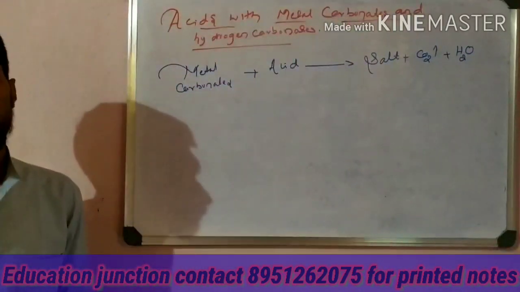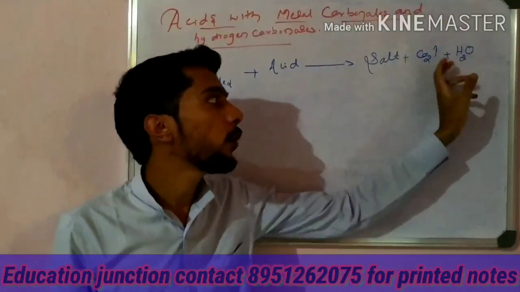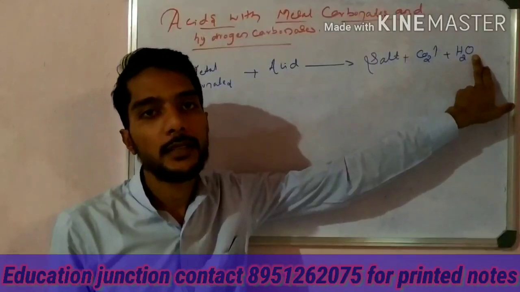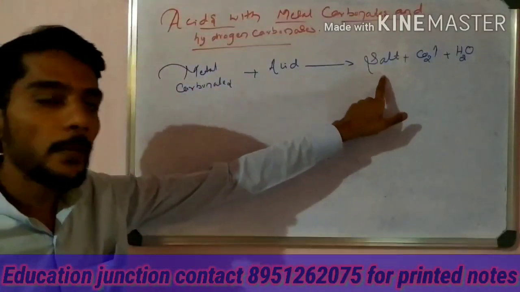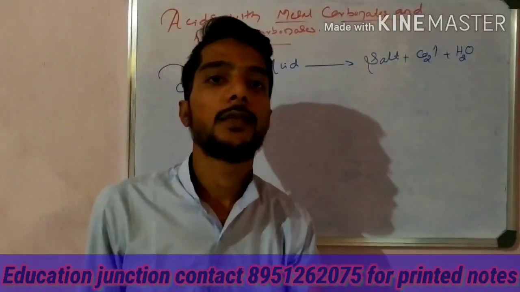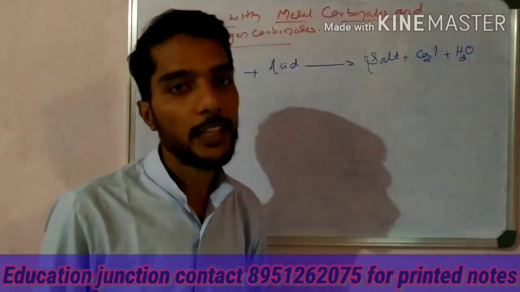That is the change, students. What is the change here? Salt is the same, only the change is in these 2 points. Instead of hydrogen gas, carbon dioxide is liberated, and H2O liquid formation takes place. That is the difference. Up to salt it is the same; the change is that in the place of hydrogen gas, when carbonate reacts with acid, carbon dioxide formation takes place.